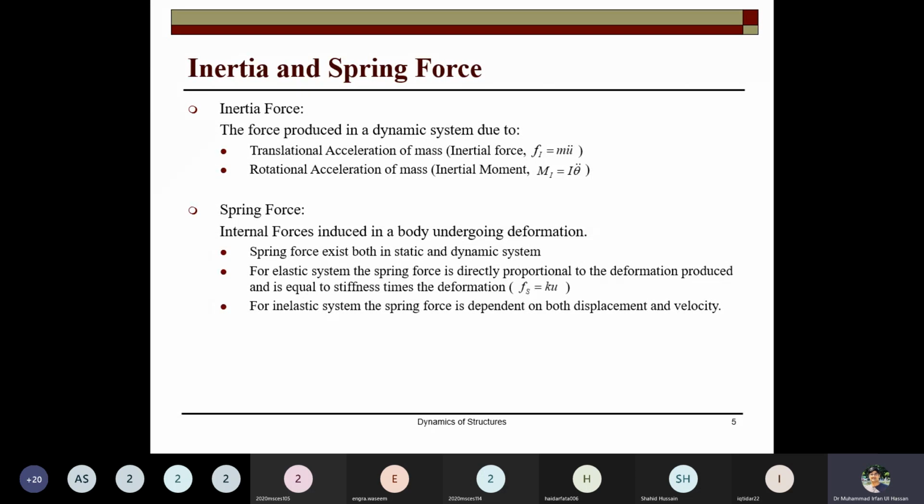Inertia force is the force produced in a dynamic system due to the translational acceleration of the mass. That is called inertial force, and it is equal to m times u double dot.